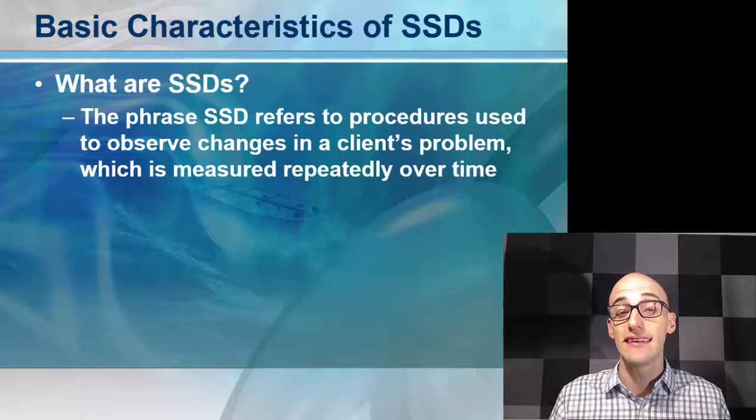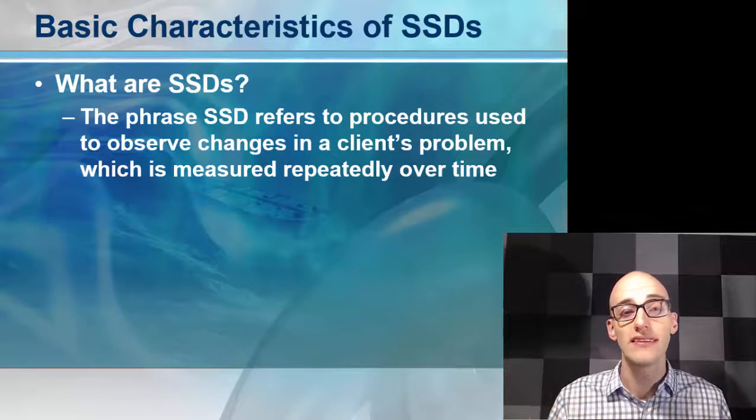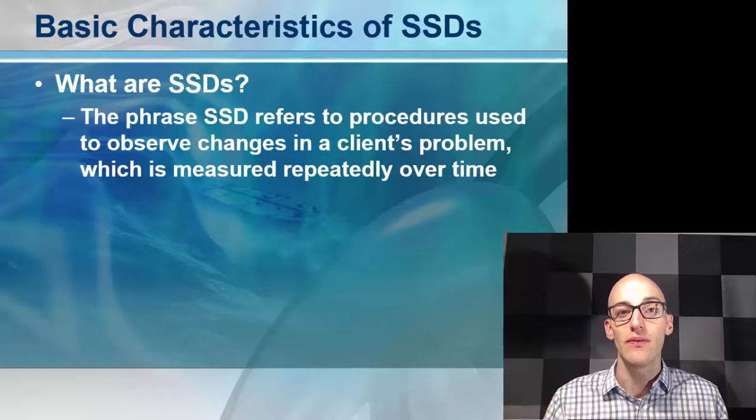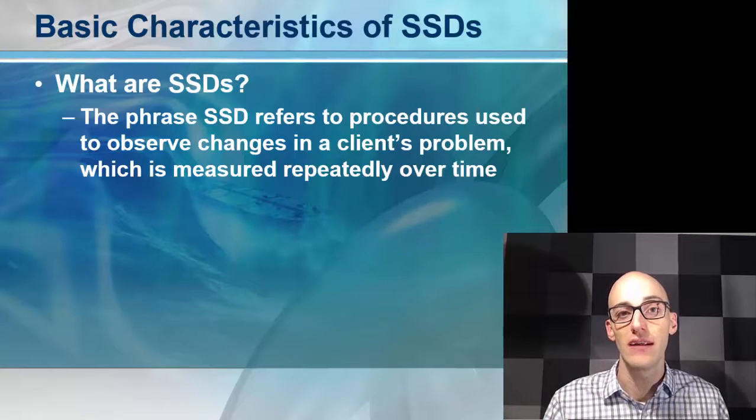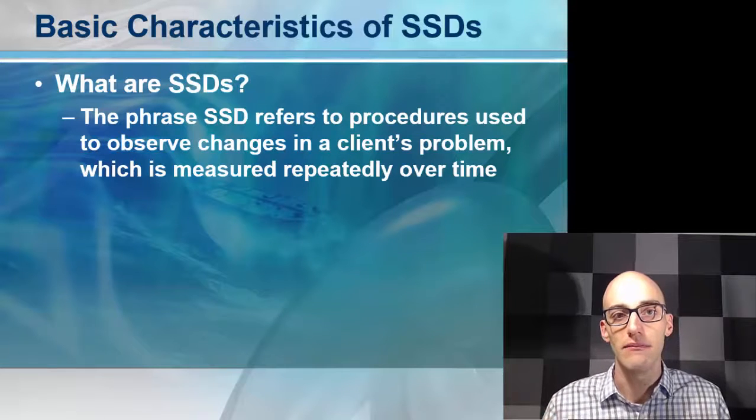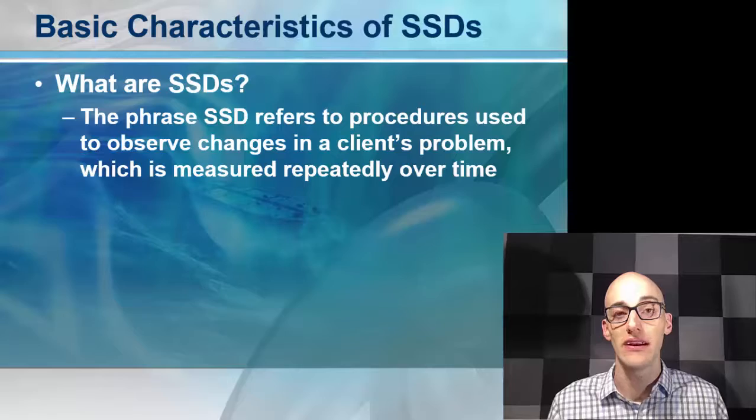Single system design is essentially taking one person and repeating measurement of the same variable with the same type of measurement repeatedly and monitoring what changes occur from your intervention.